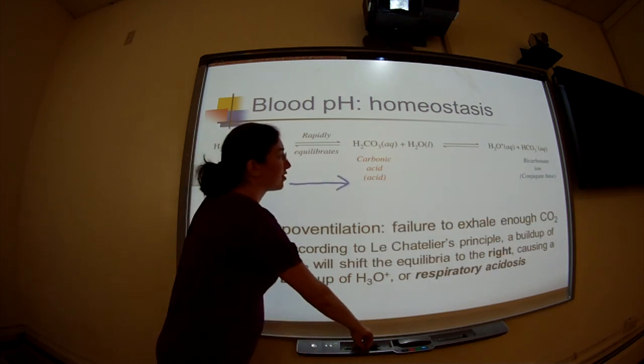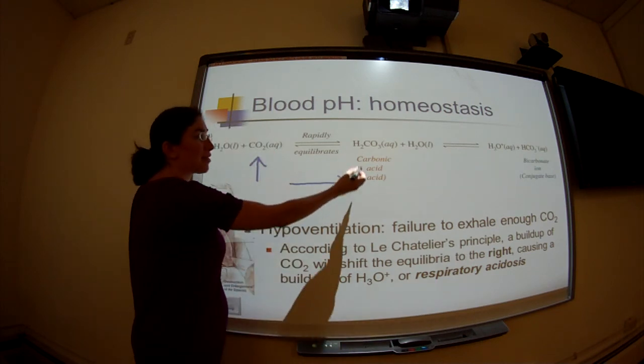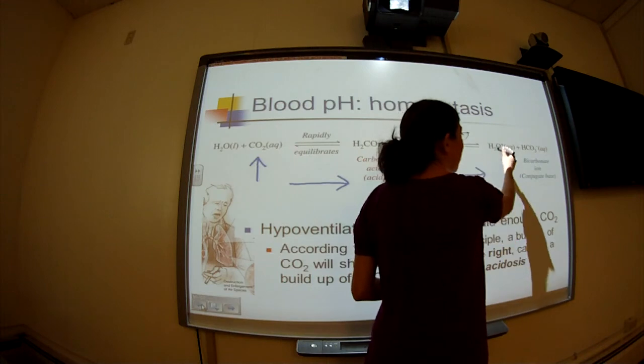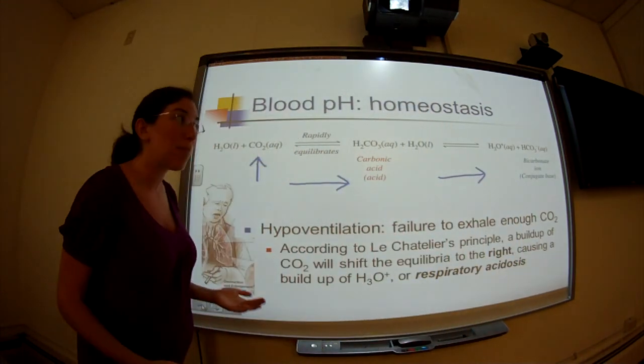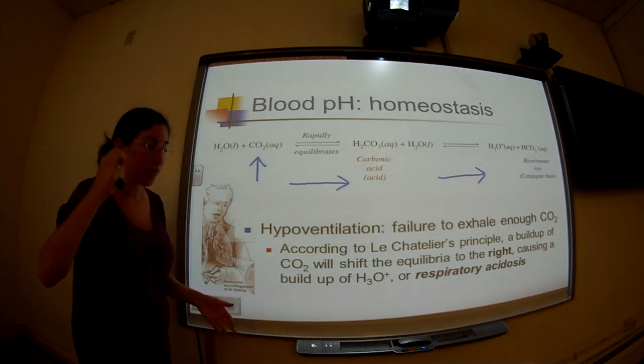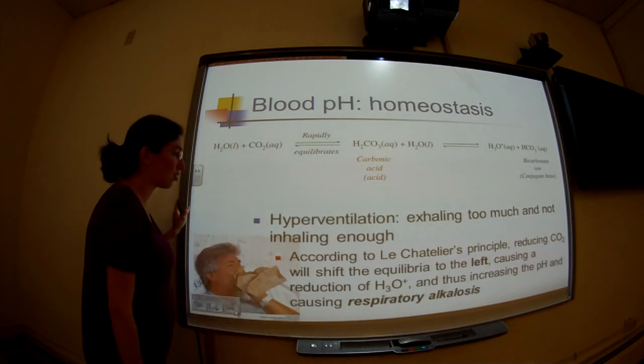Well, I guess what I should say is it builds up this carbonic acid, which then causes a shift this way too, causes a buildup of hydronium ion. That's where the buildup of the acid and the pH can start to shift.